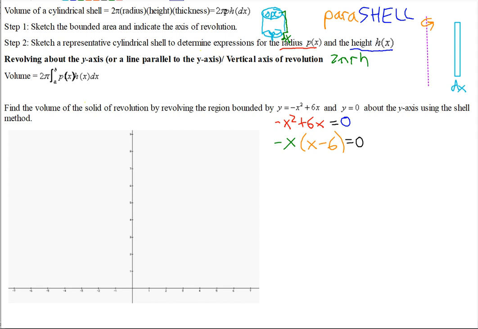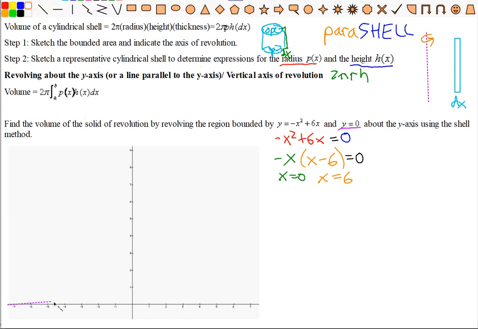So we can see the x coordinates of our points of intersection are x equals 0 and x equals 6. And then notice the y coordinate's got to be 0 because one of our equations is y equals 0 here. So we can graph that one first.